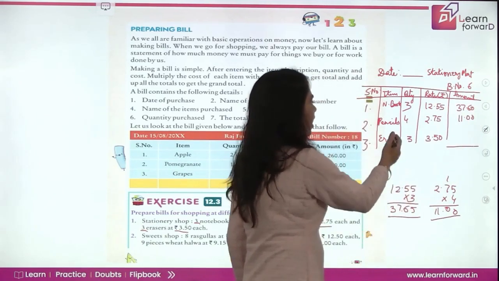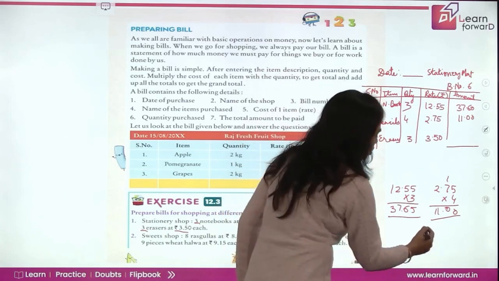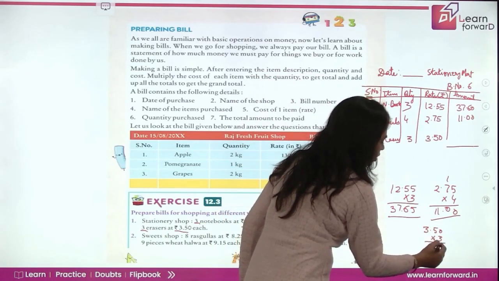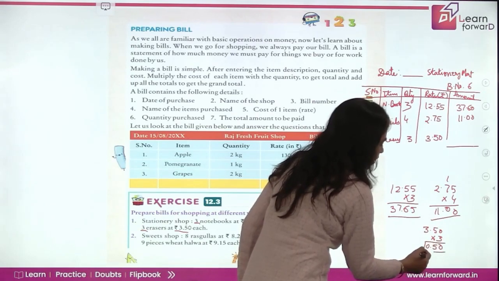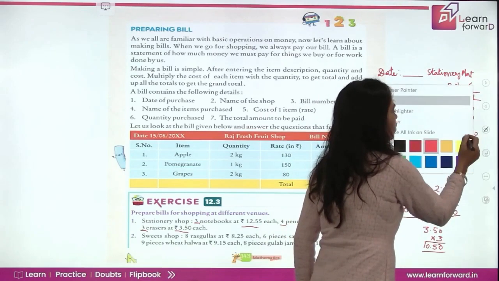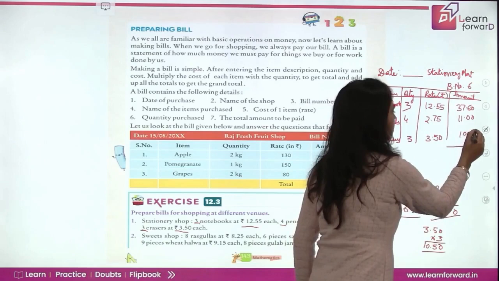11.00. And for 3 erasers, each costing 3.50, you will multiply by 3. 3 zeros are 0, 3 5s are 15, 3 3s are 9 plus 1 10. You get 10.50. Now add up all these values. So what do you get here?